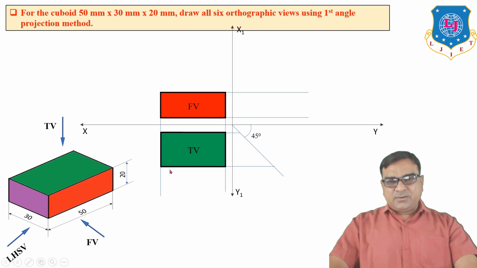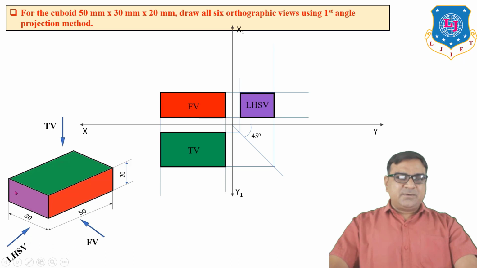Now you have to project or draw a horizontal line from every corner of the top view. Then draw the vertical lines. These are known as projection lines. And from the front view, draw horizontal lines. The intersecting points represent the side view.